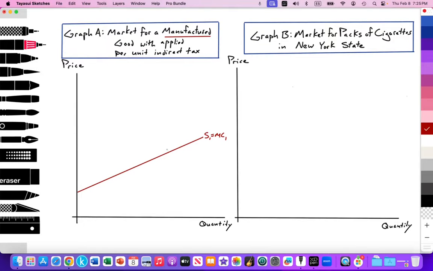You can also assume that there might be spare capacity within the factories that are producing tobacco. Perhaps the rate at which costs of production are increasing isn't rapid. Perhaps also we can assume within the manufacturing plants that the mobility of factors of production is quite smooth. So for those reasons, I'm illustrating a manufactured good with a relatively elastic supply curve.